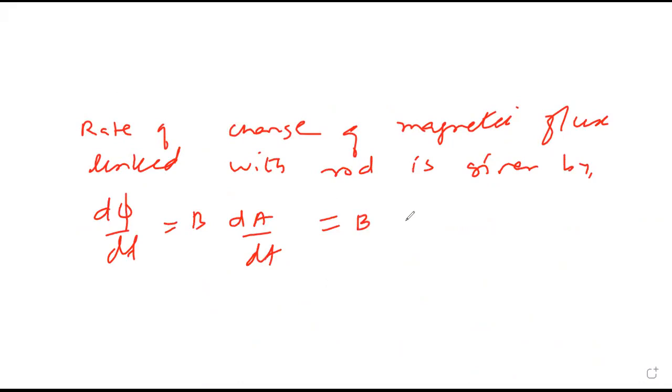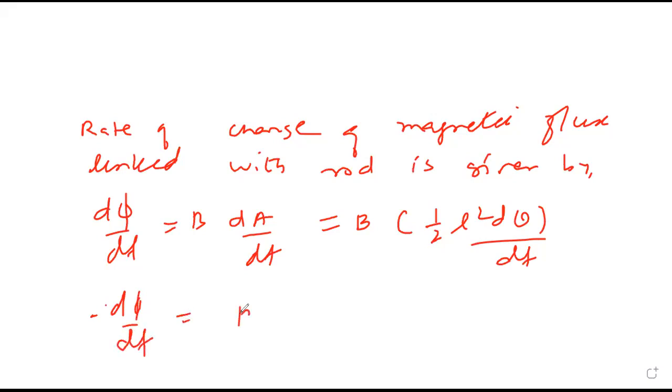That will become B into dA, half L square d theta upon dt. What is d theta by dt called as? Angular velocity. So B half L square omega. This means EMF induced is half B L square omega. Right now, copy.